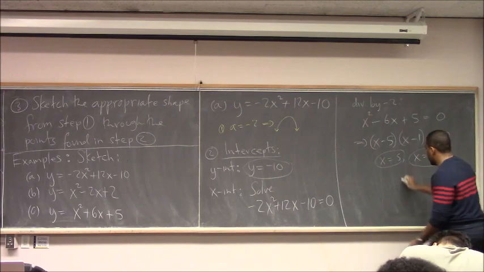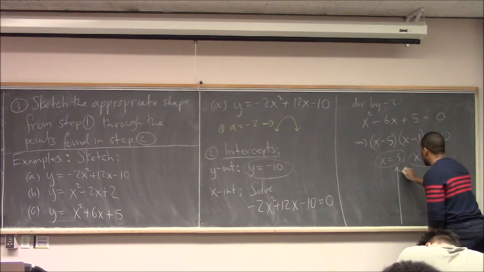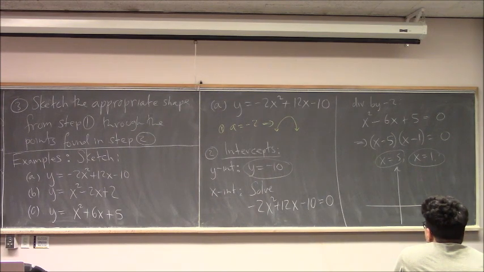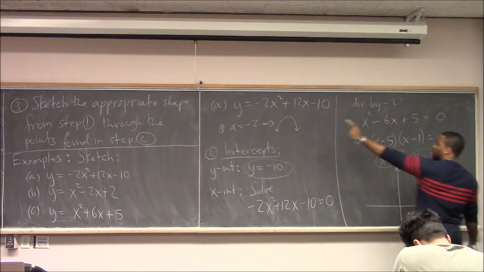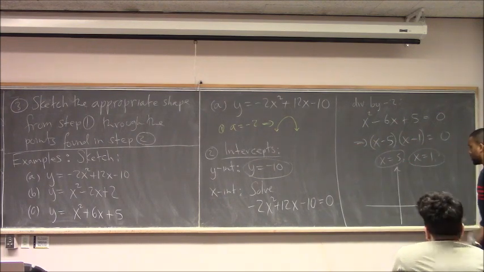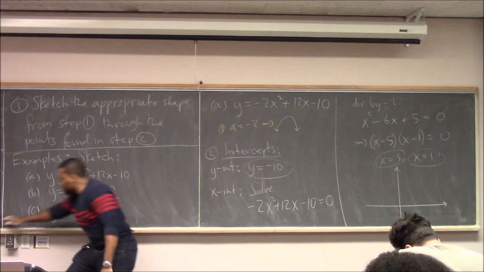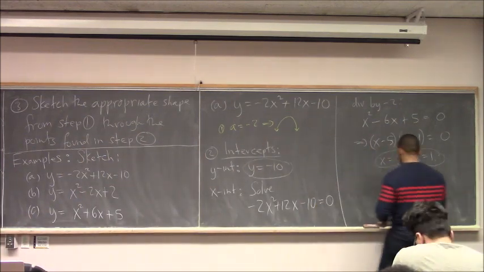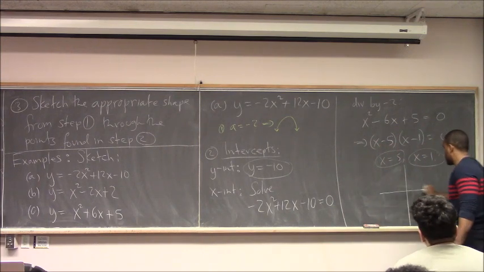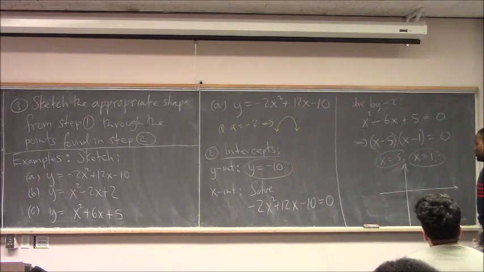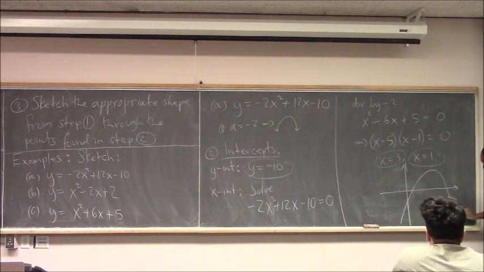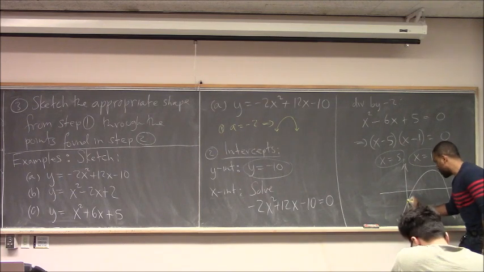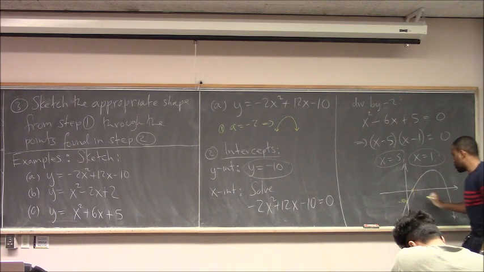But basically the idea is, at this point, I know this is the shape I want to draw, and I want to draw it going through those 3 points. So pretty much I'm going to sketch that. Because I know the shape, I just have to figure out the points. It's going to go through minus 10, it's going to go through 1, it's going to go through 5.